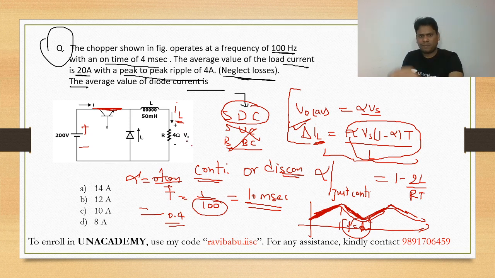Now see, the V0 average according to this will come to some value. And here the value of resistance is 4 ohm.